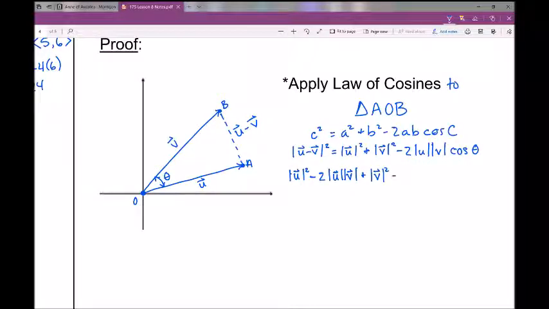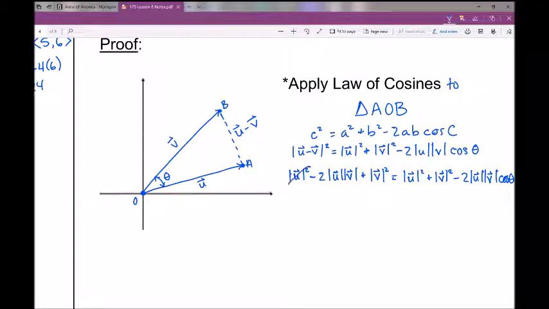And this is still equal to the magnitude of u squared plus the magnitude of v squared minus 2 magnitude of u magnitude of v cosine of theta. All right, so let's see what we can cancel here.